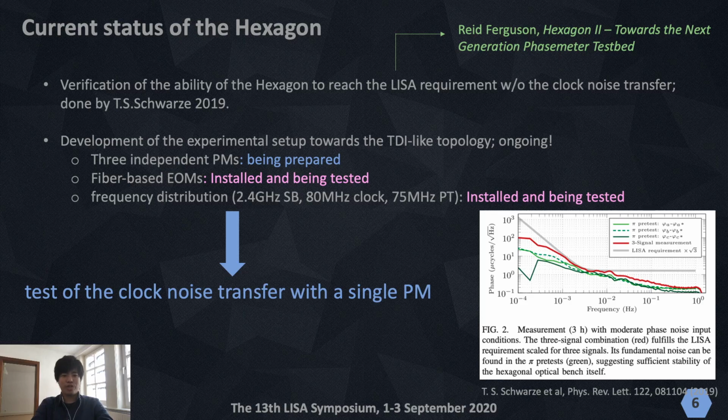But we do not have 3 independent Phasemeters with a proper frequency distribution system at the moment. We came up with the test of the clock noise transfer with a single Phasemeter. Here is the main focus of this presentation. By the way, there is another research related to Hexagon, so-called Hexagon 2. So if you are interested, please also check this talk.